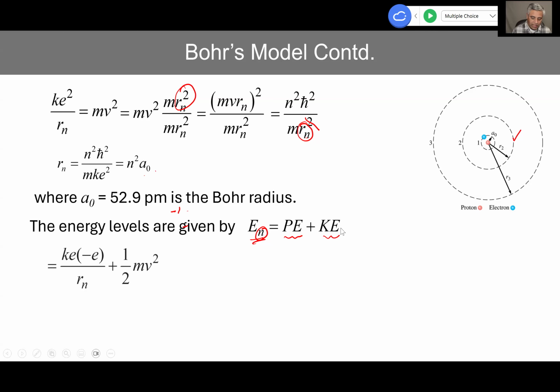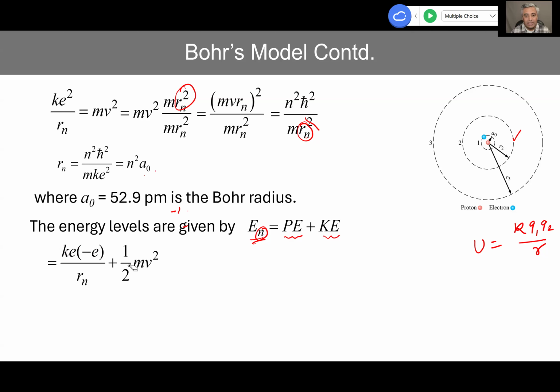Okay. So now potential energy, remember, U is force per unit charge, and we wrote that as K Q1 Q2 over R. So that's why you have K and then e, charge of a proton, I should say, it's positive, and this negative is the charge of an electron.